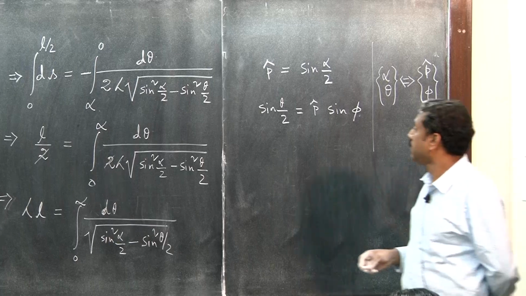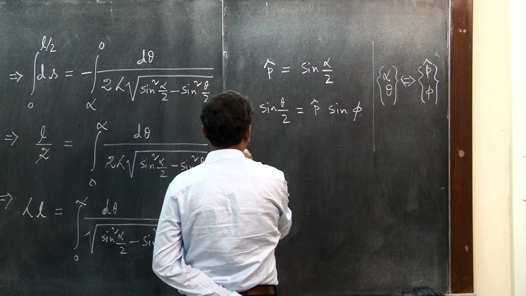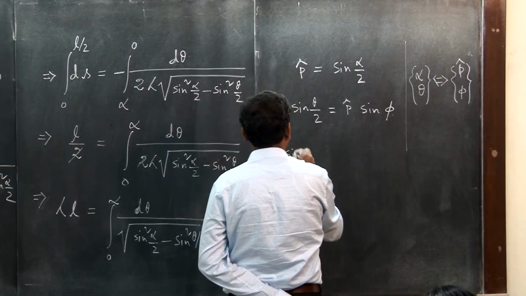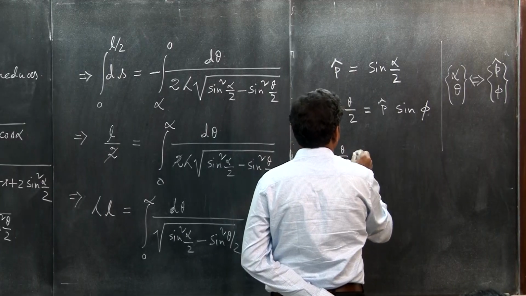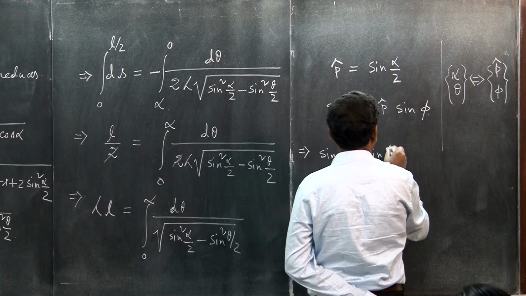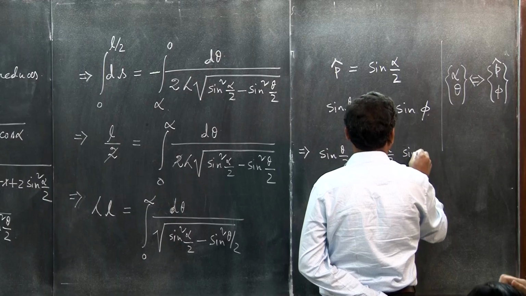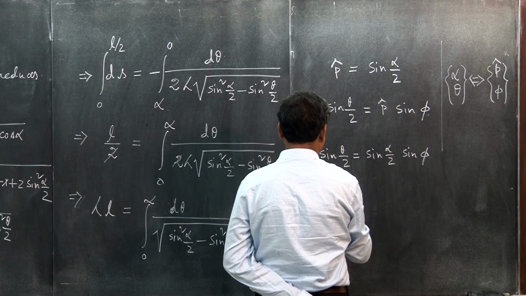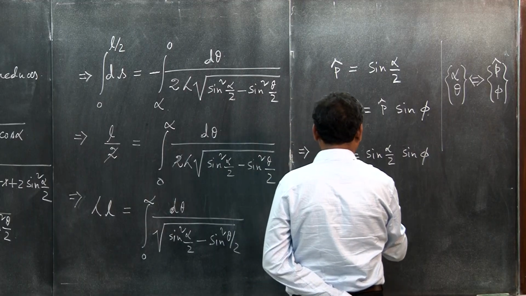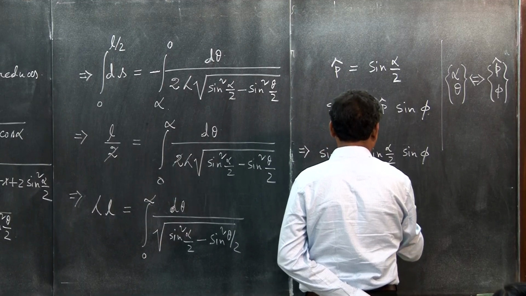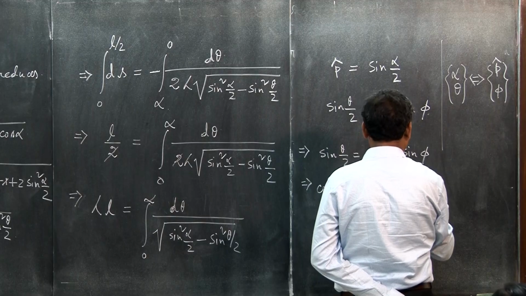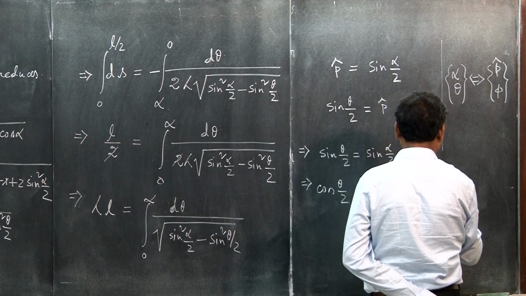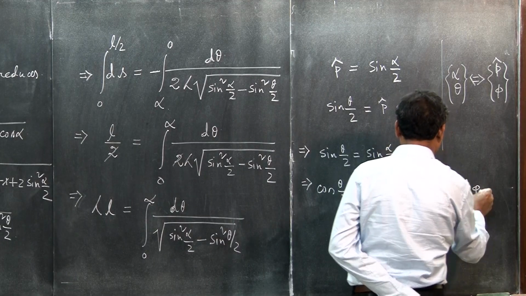So if we do, then what will happen? sin theta by 2 is p sin phi, where p is sin alpha by 2. Differentiating, cos theta by 2 d theta by 2 is equal to sin alpha by 2 cos phi d phi.